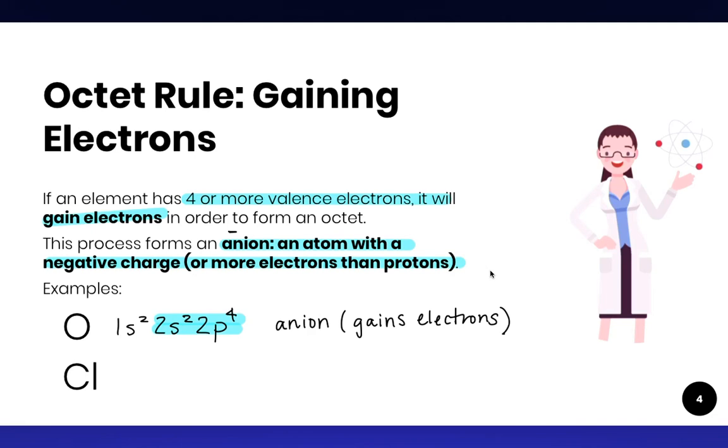Chlorine's electron configuration: this atom has 7 valence electrons, meaning that it will likely form an anion and gain just that last electron that it needs to have the octet.